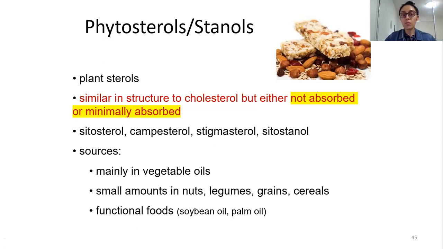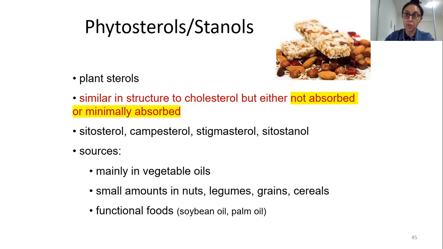So yes, there is a sort of hydrogenation process involved, but as I said, the processes are very sophisticated. So you will always see the trans fat content in the label, which will help you make an informed choice. So don't worry about that as such.